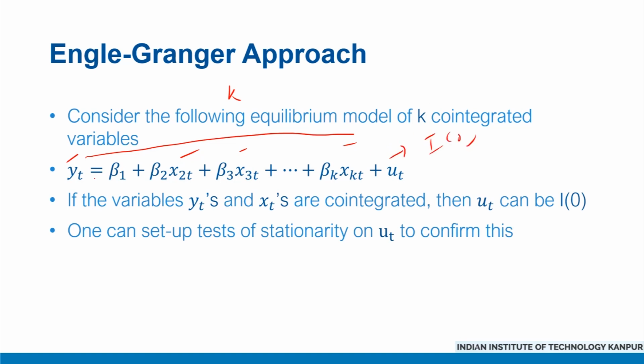It can be I(0) only if this set of k variables is co-integrated, and therefore we can find a linear combination of these variables, which is mu_t, which can be I(0). And then all you need to do is set up a test of stationarity on mu_t to confirm this. And that is what lies behind the Engle-Granger approach, as we are going to see.